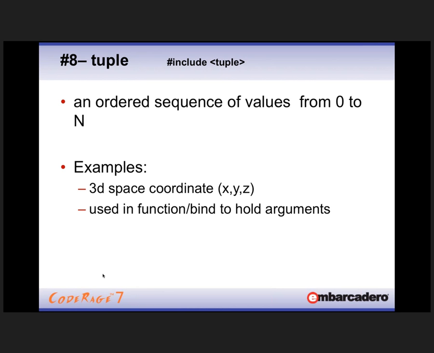But another really common example would be coordinate systems. So in 3D space, you have an XYZ. You can create a tuple of doubles to basically manage those. Or you can create your own types, of course, too, but tuple is provided as basically a really easy way to create these types of value sequences.